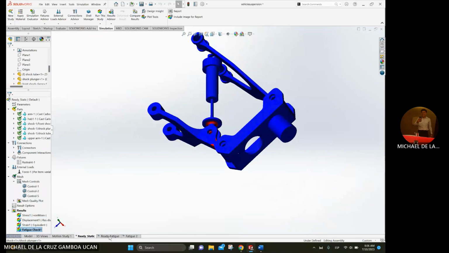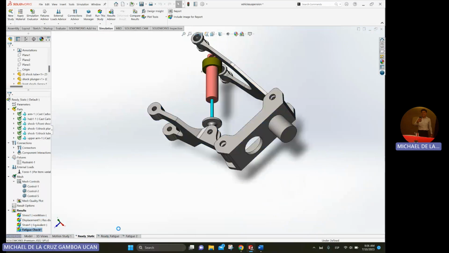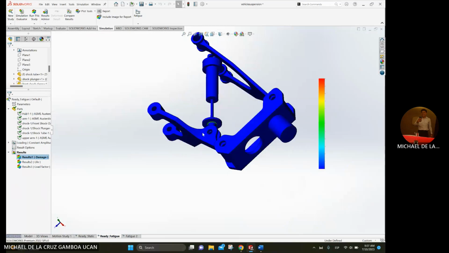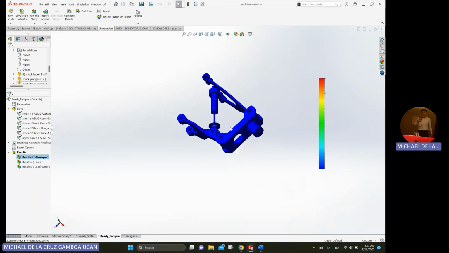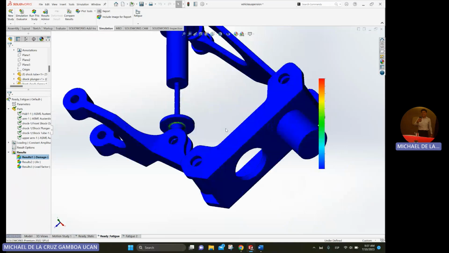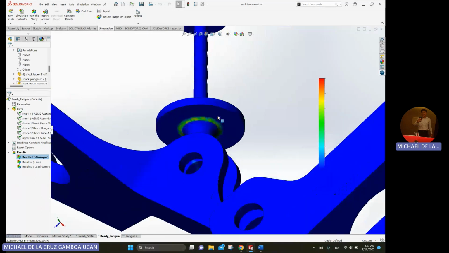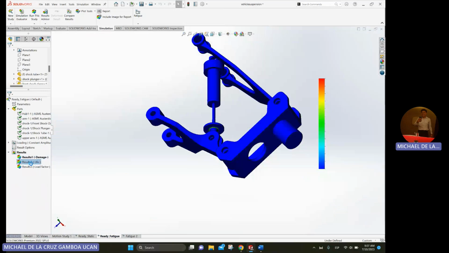Okay, in this part, the ready fatigue study, we can see the results of damage. In color blue is the normal piece. In color green and little orange, it's the damage of the piece. The life is a little interesting because we can see all the piece is color red.